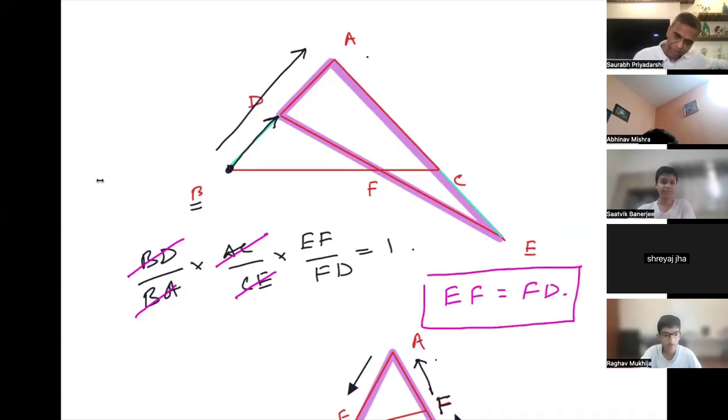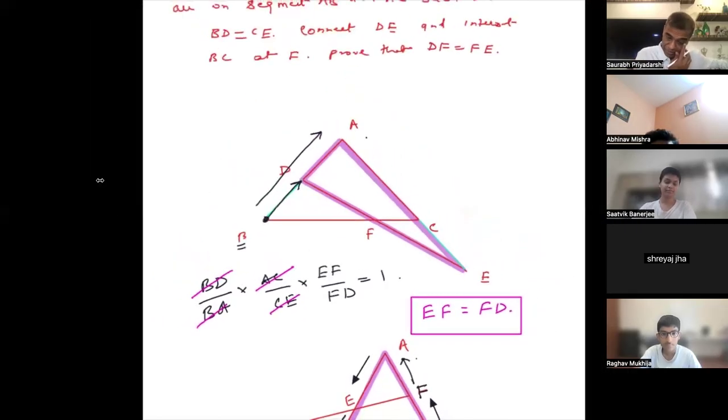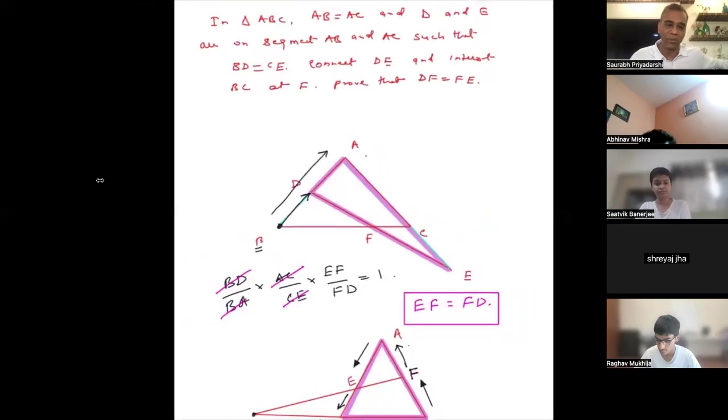I guess this is what you have to say, a one-liner. But obviously you have to see exactly how this will work and where to apply it. Is this okay, everyone? Yes, sir.